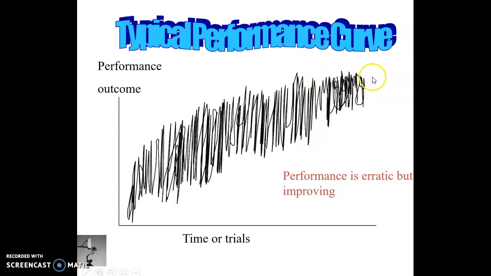And again, I am improving and I'm seeing more consistent performance over time. So I call that the typical performance curve. Just make sure you are familiar with the 4 different types of performance curves and how they relate to learning motor skills.